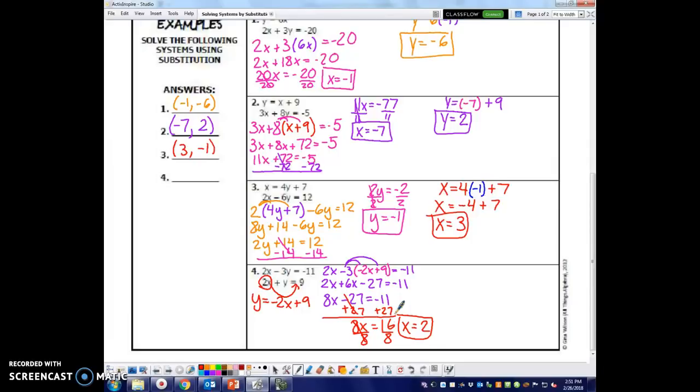So we have x. Now we need to find y. Let's find y. So I'm going to go back to the original equation. No, it doesn't really matter. You can use either one. So let's do y equals negative 2 times what? Times that 2.